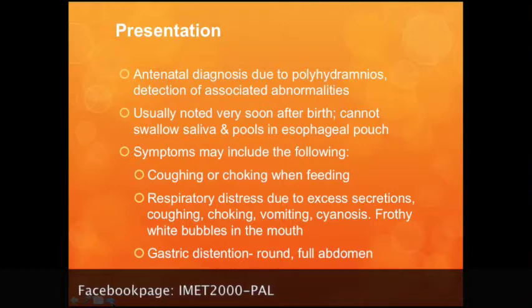So these babies are often diagnosed antenatally due to polyhydramnios, and they may detect the other abnormalities at the same time. If they don't get picked up antenatally, they're often diagnosed soon after birth, particularly if there's esophageal atresia.